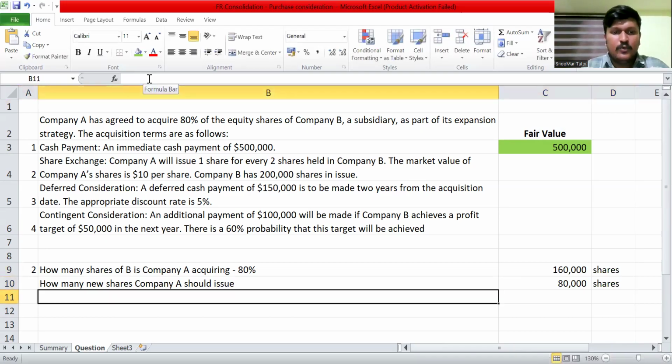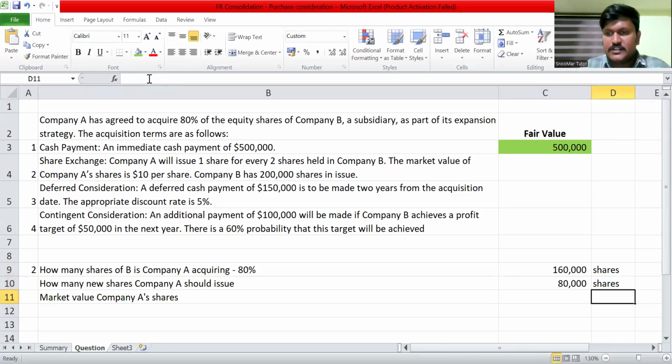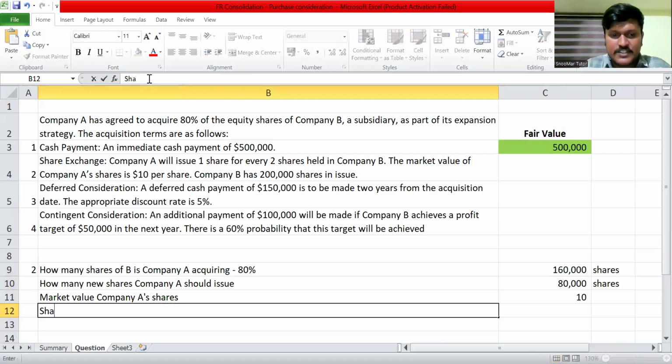Now, what is the market value of company A's share? It is $10, right? For every share, 10. So what is your value of the share exchange?